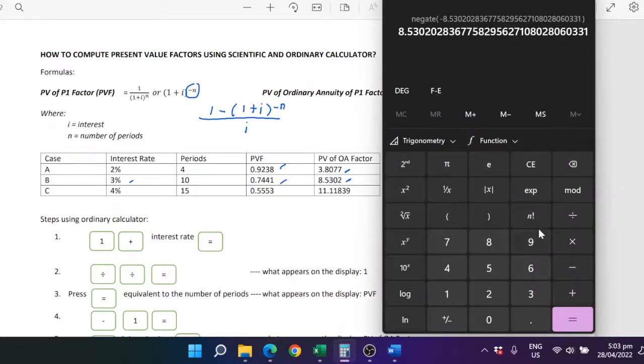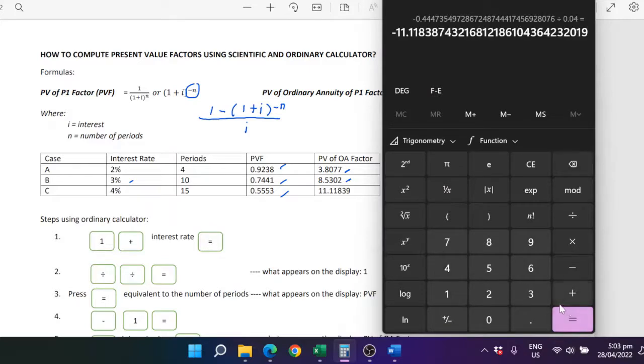Now let's go to case C. Let's do it faster this time. So 1.04 to the power of negative 15, equals, you will get 0.5526. So that is correct. Next is minus 1, equals, divided by 0.04.